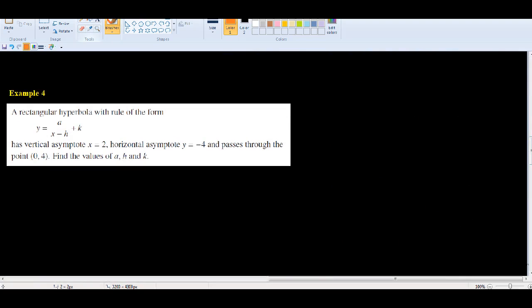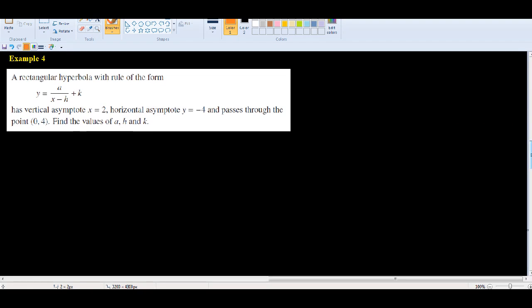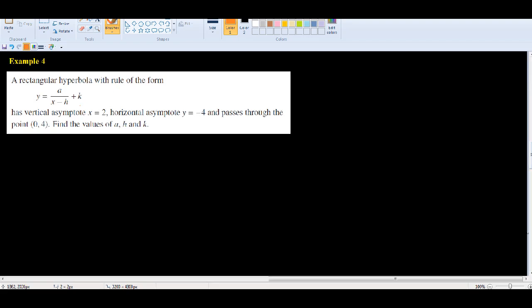The other type of question would be, how could we determine the rule given the conditions? You need to find the rule. Suppose they give you the rule of the form y equals a over x minus h, plus k, and they give you the vertical asymptote, the horizontal asymptote, and a point it passes through.